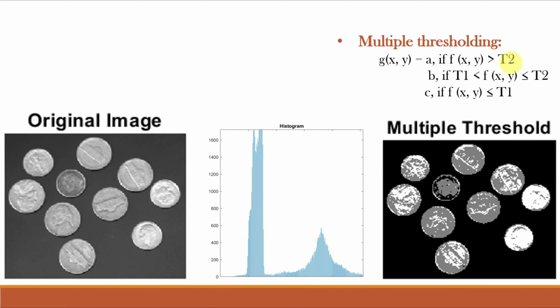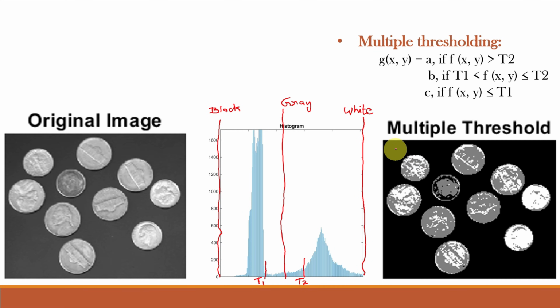If we choose T1 and T2, then the image will be partitioned into three regions. Say this is our T1 and this is T2. Then the multiple threshold output will look like this. As you can see here, there are three colors: black, white, and the third one is gray. And now using multiple thresholds, we can even identify the types of coins in the image.